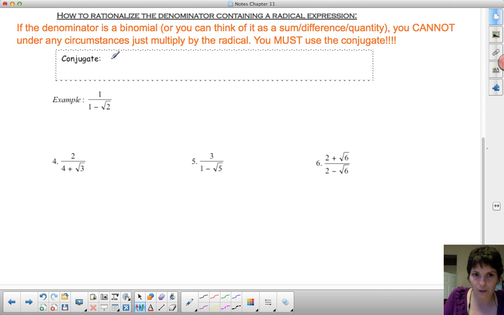So let's use things you're familiar with. If I have x plus 1, then its conjugate is x minus 1.